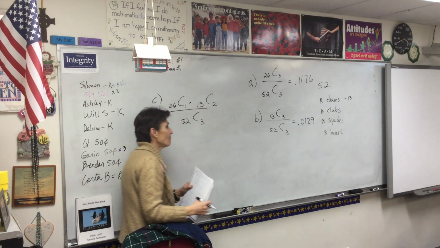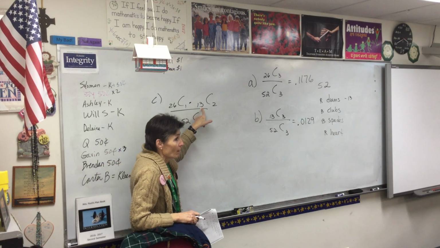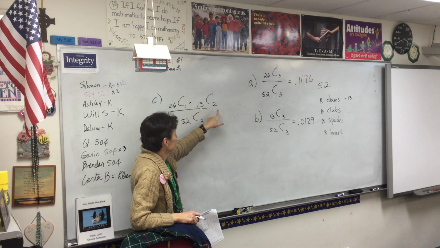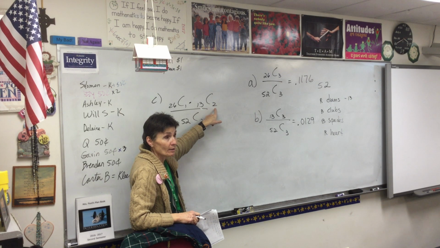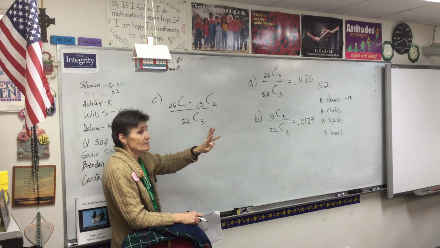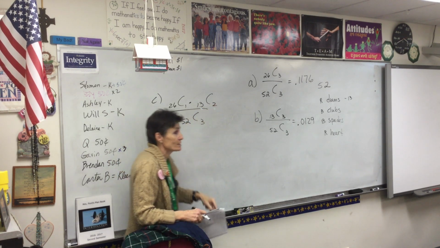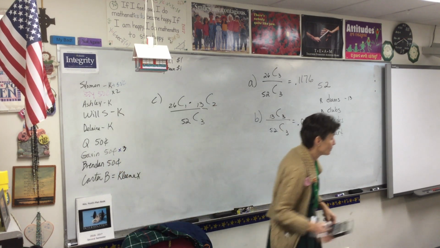Remember when you do your combination setup, the first number is how many you have to pick from. There are 13 diamonds. And the second number is how many you are picking. Okay? So you can do this all at once: 26C1 times 13C2 divided by 52C3. And you will get the right answer.